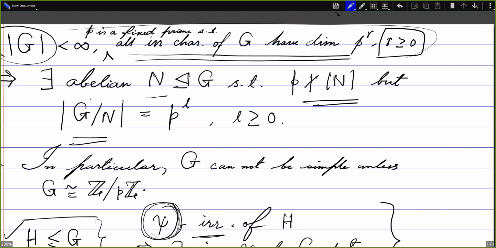But then the main difficulty would be to get N normal in G, which is what we are supposed to show.